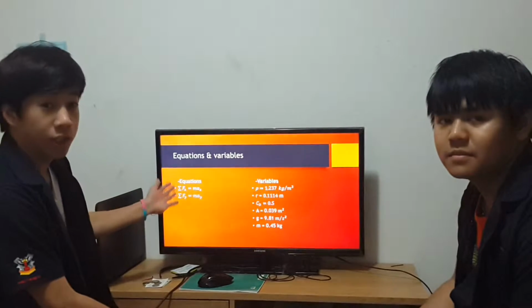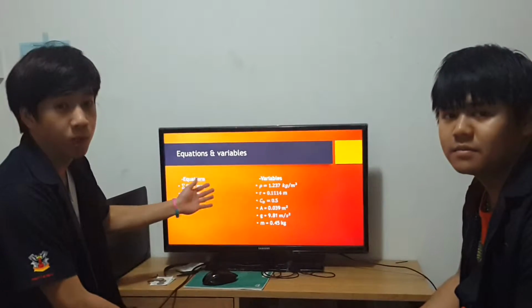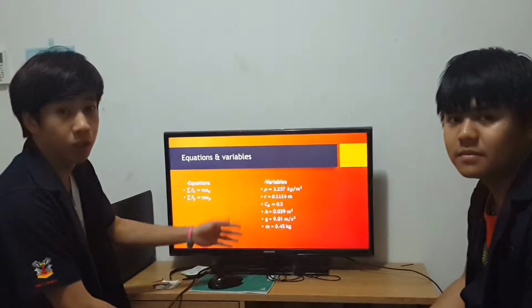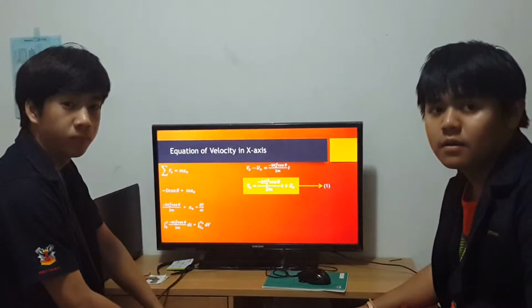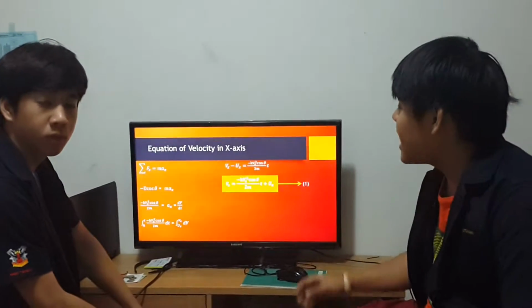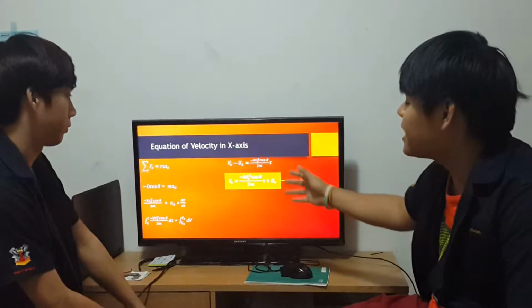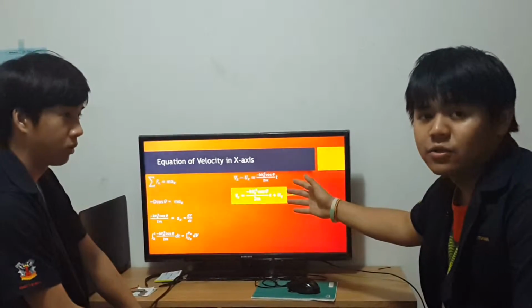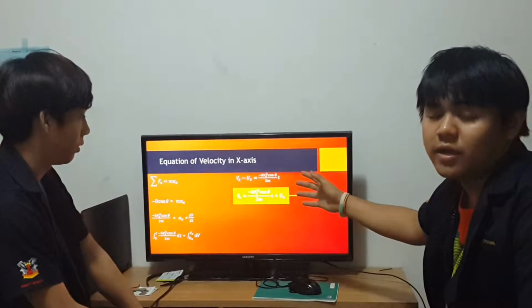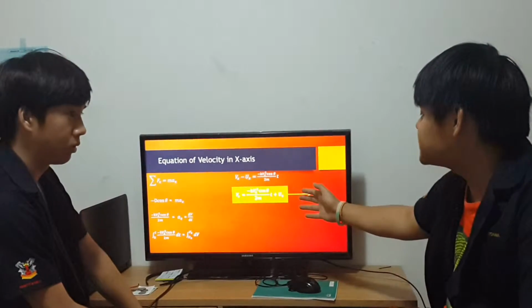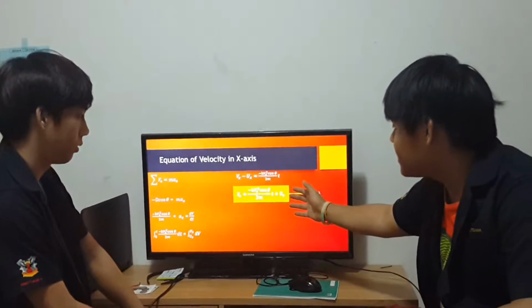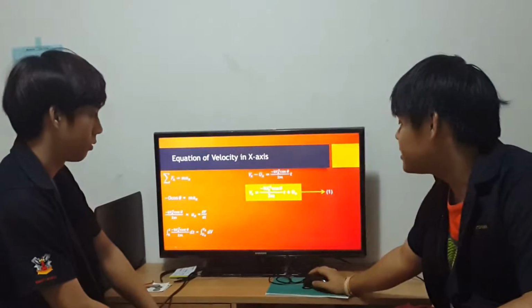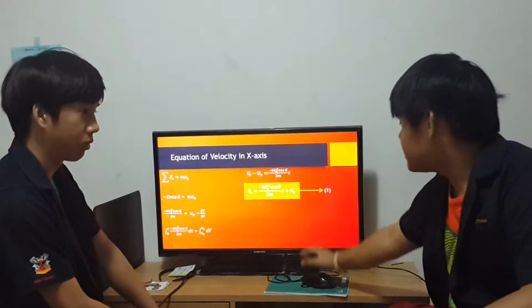These are the equations and variables that we use to calculate our project. In the x-axis, we have to find the velocity equation. So we use Newton's equation to help us find the equation of velocity. You can see that the velocity in the x-axis is shown here.